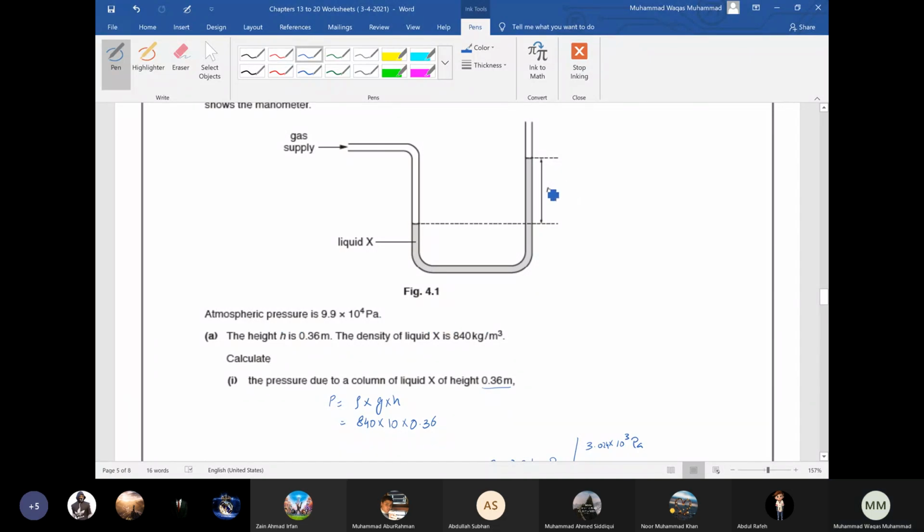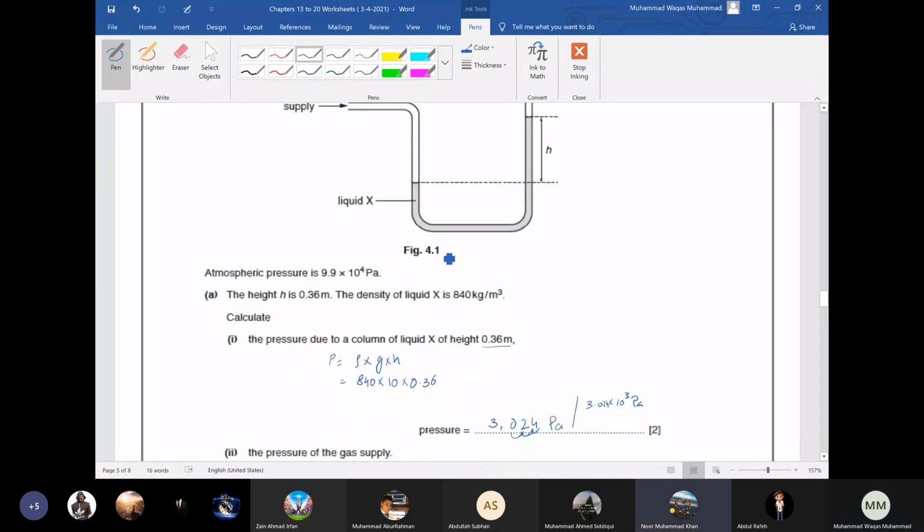The same volume of the liquid when poured into this tube, then beta, what will happen? Sir, the liquid levels will go down, and beta, which will go down? Sir, the left side. Okay.